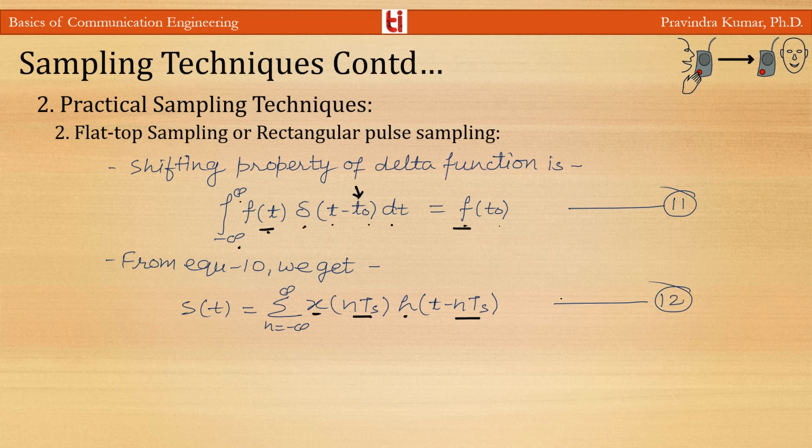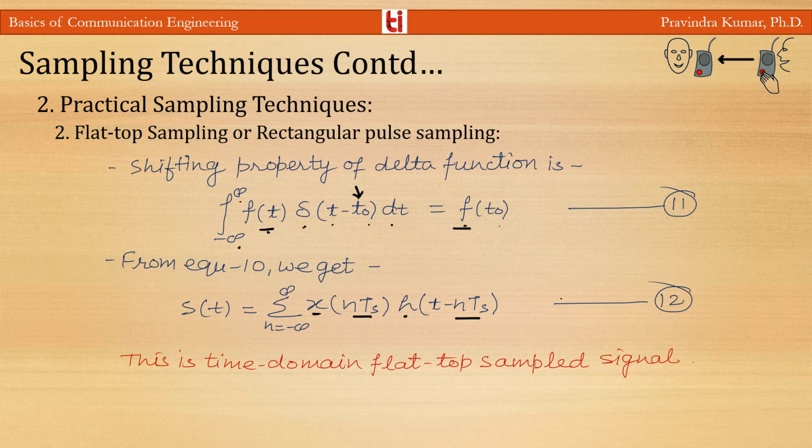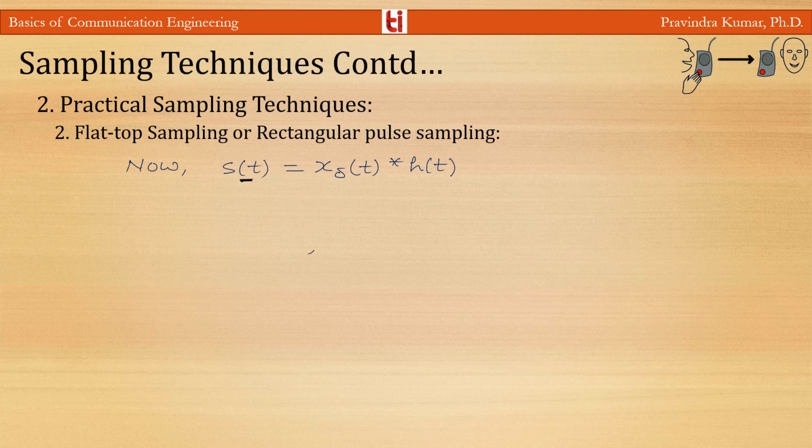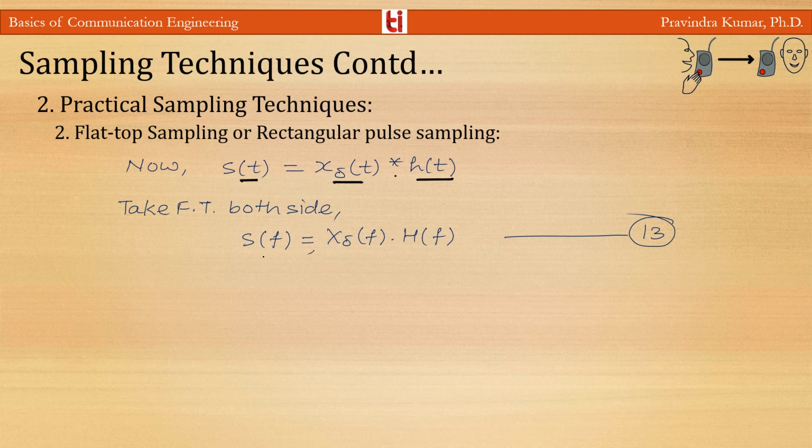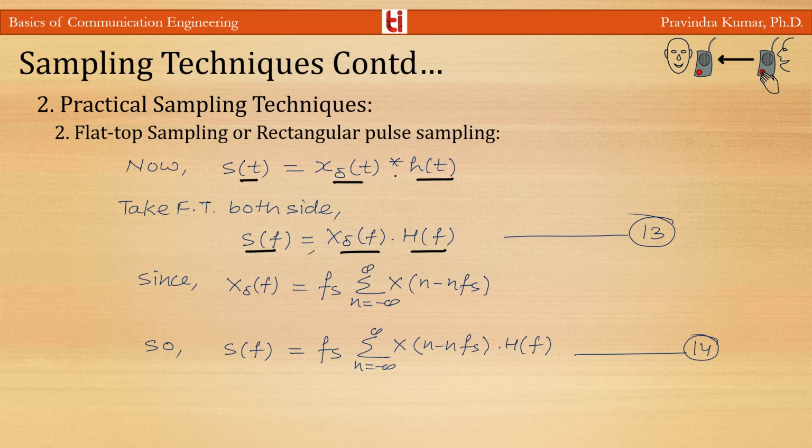Now take the Fourier transform of both sides. Since s(t) is x_delta(t) convolved with h(t), we have S(f) equal to X_delta(f) into H(f).